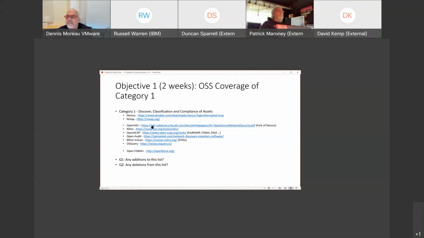So if anything is missing from here for discovery, classification, and compliance of assets that you think needs to be there, that is an open source capability that we ought to look at over the next couple of weeks for how well it covers that section of the NCCoE proposed constellation of capabilities, then let me know. If there's anything you see here that looks like an obvious outlier that you would never use, then that's another thing. What we're trying to do is get to a level of open source coverage.